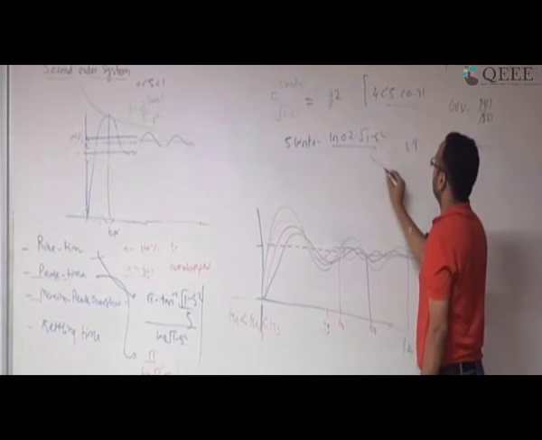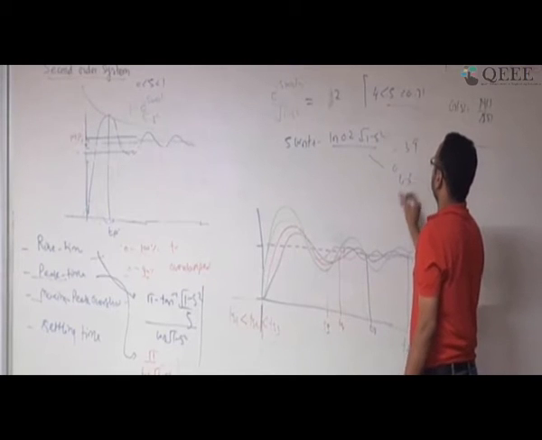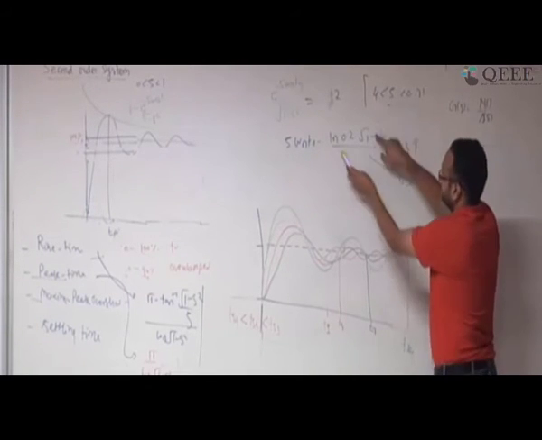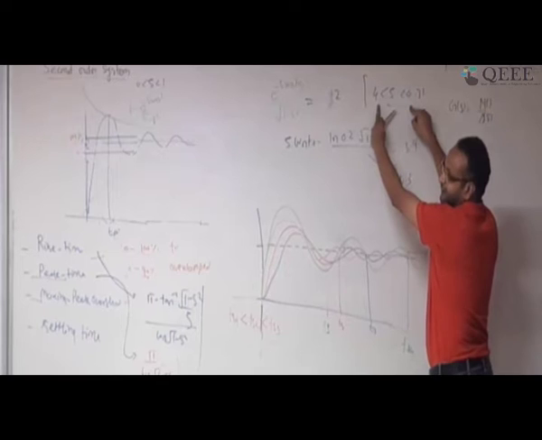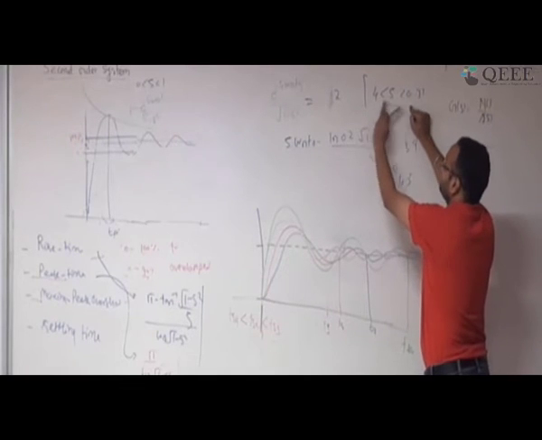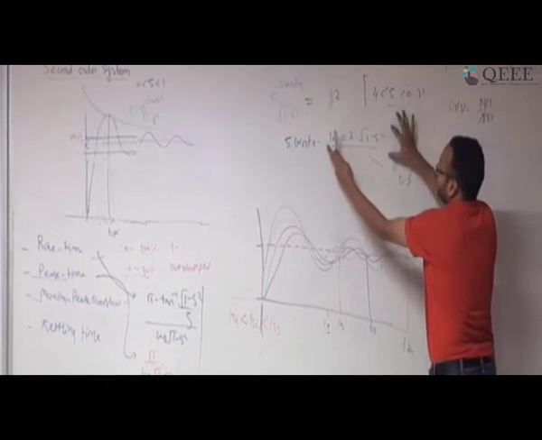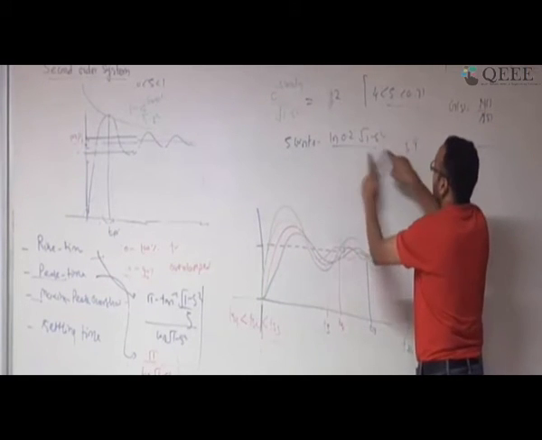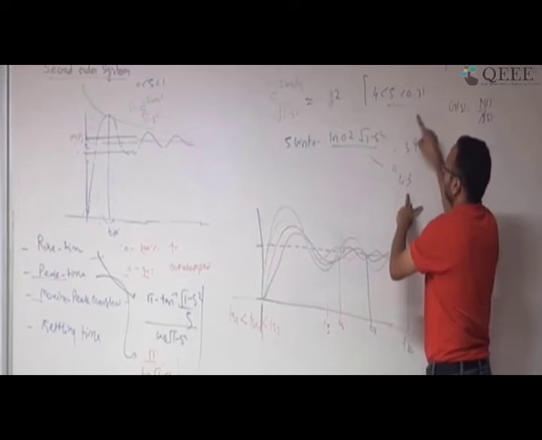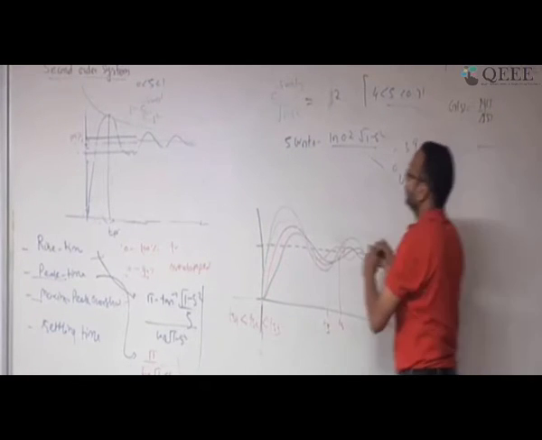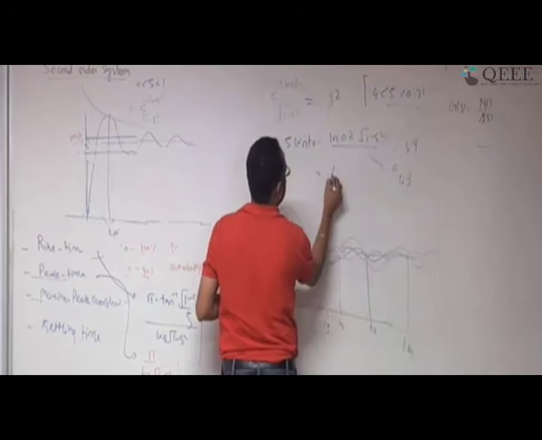If you take zeta equal to 0.7, it comes to 4.3. I know that in most practical systems zeta is desirable between 0.4 and 0.7, so it has been written that we take this as 4.